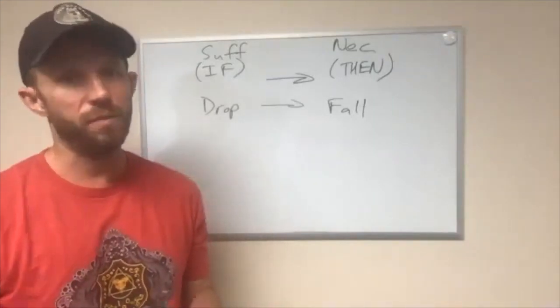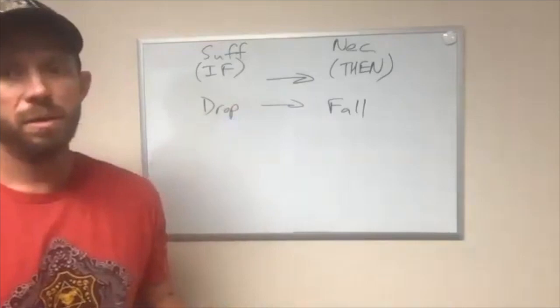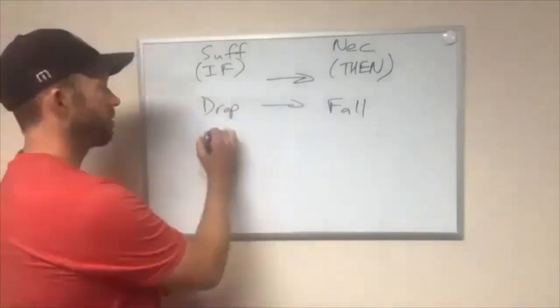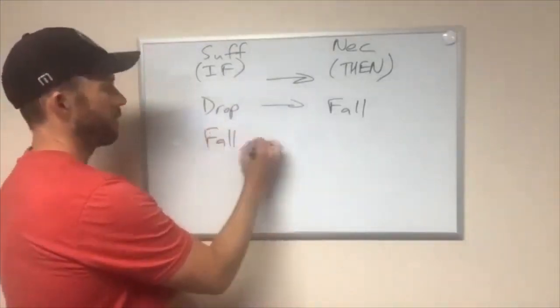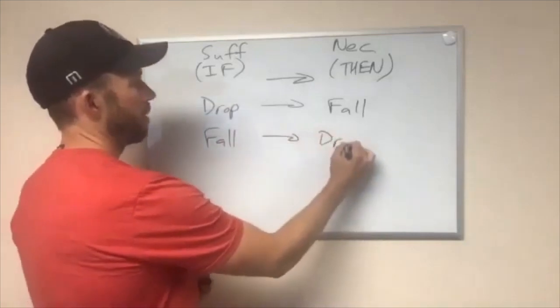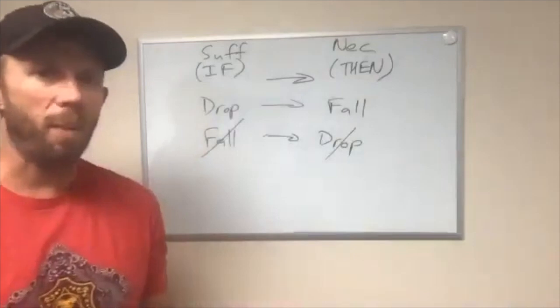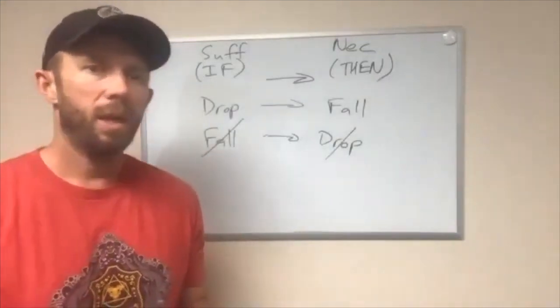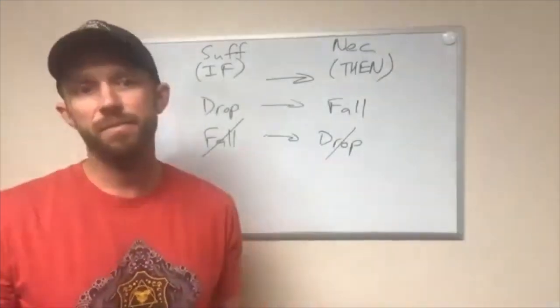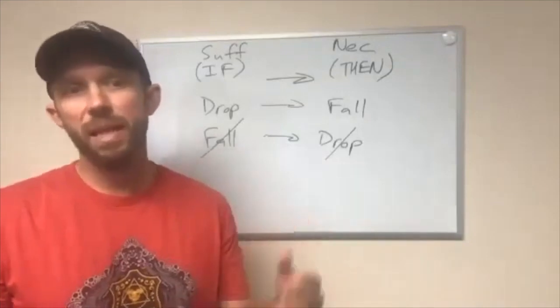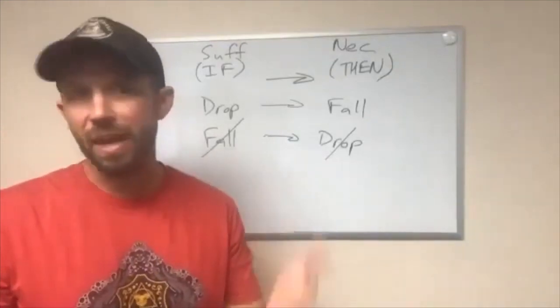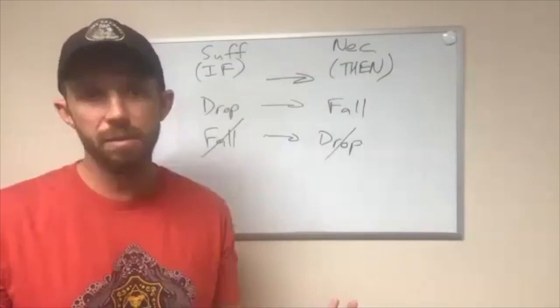The rule was, if I drop it, it has to fall. So if it didn't fall, then I could not have dropped it. That's common sense, and that's common sense that literally every 7th grader would understand.